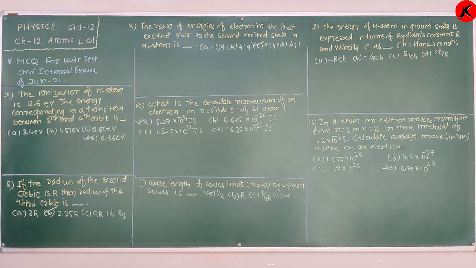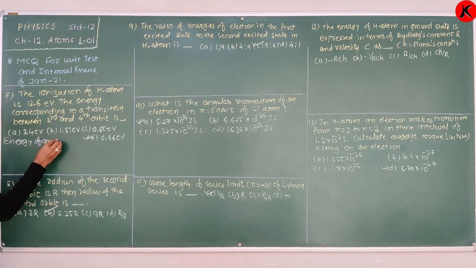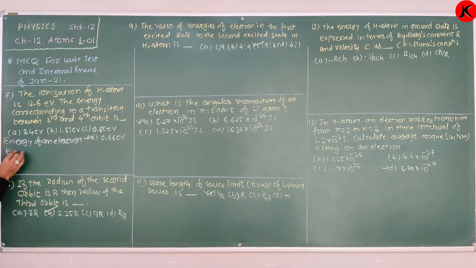We know the energy of an electron in nth orbit is equal to minus 13.6 upon n square. Right? The energy of an electron in nth orbit, En, is equal to minus 13.6 upon n square.